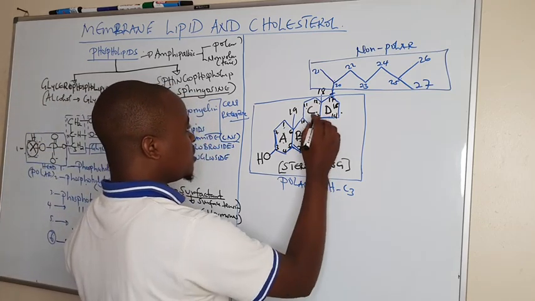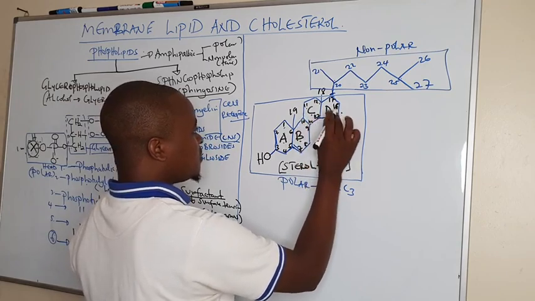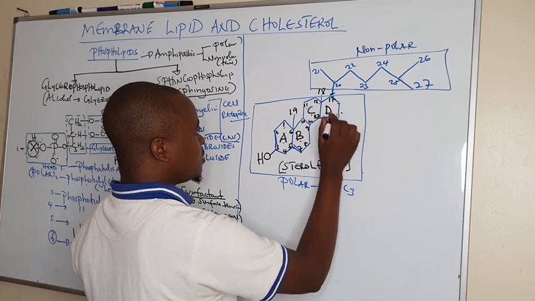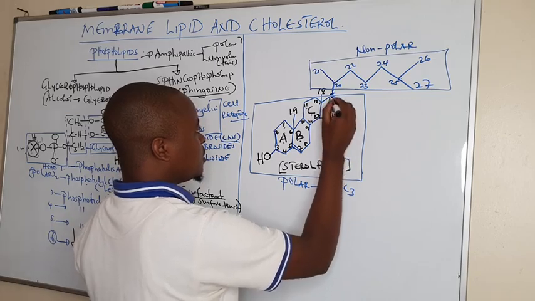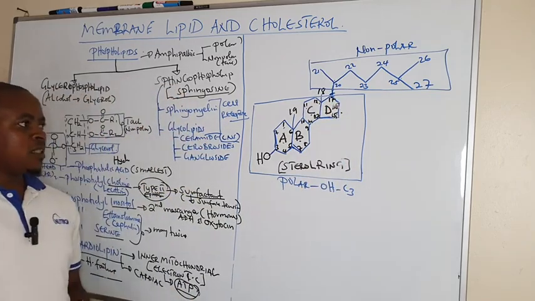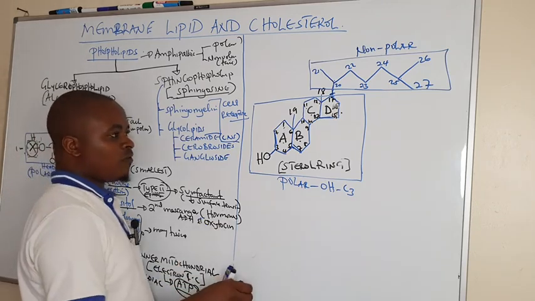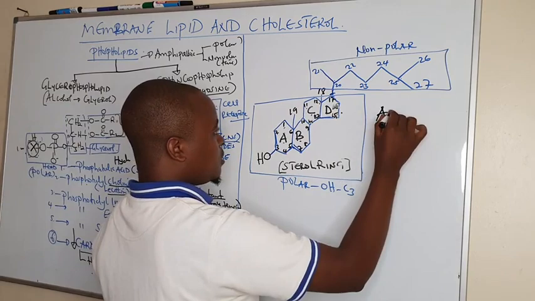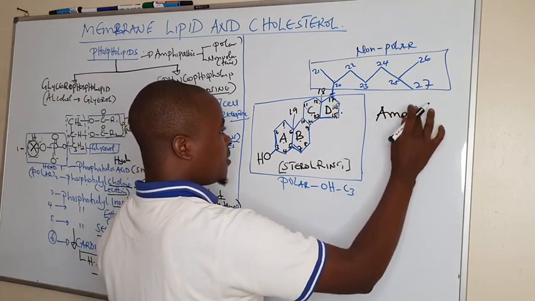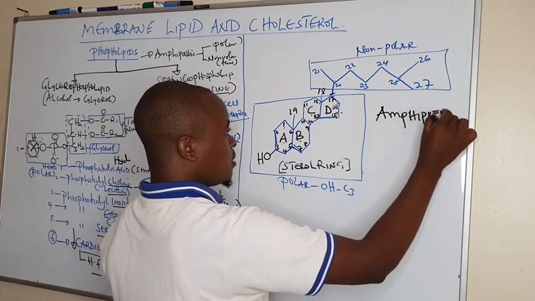So in counting, this was 13, this was 15, 16, and 17. So this is the structure of cholesterol. So meaning cholesterol is also amphipathic. Why?